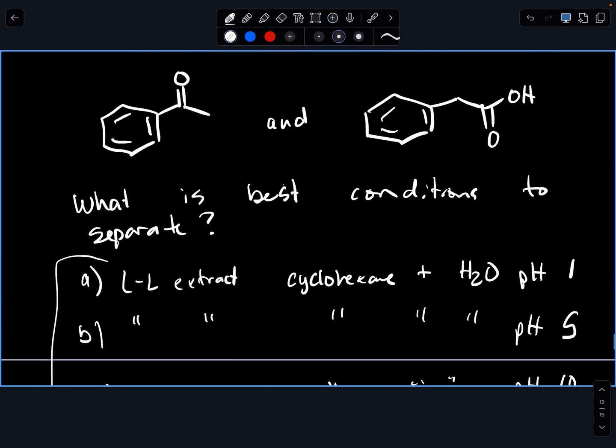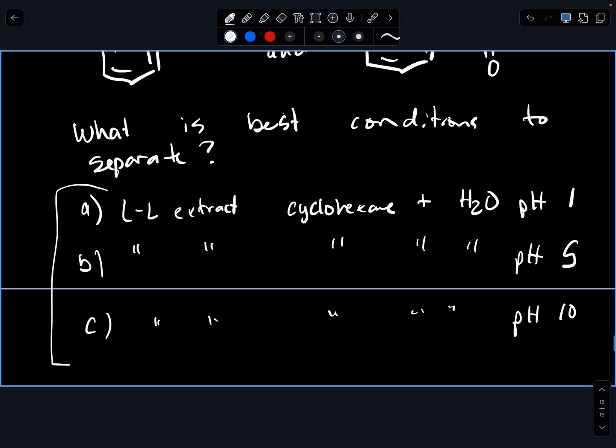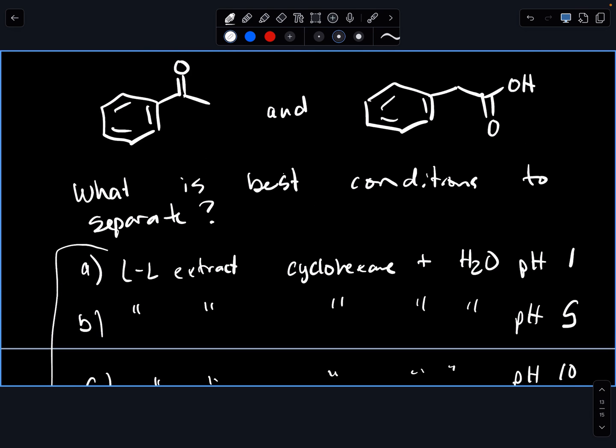Well, ideally, what would the pH be? Is pH 1 a good mix? No, because at pH 1, this is going to be in its neutral form. So they're not going to separate. They're both nonpolar. They're both going to be in the nonpolar phase. What about pH 5? Still kind of too low, because the pKa of a carboxylic acid is around 5. So it's going to be like 50-50.